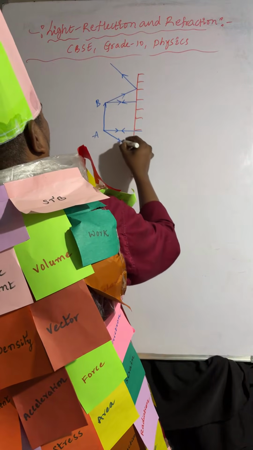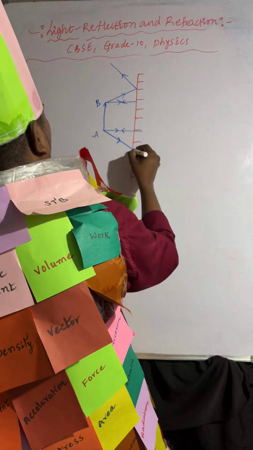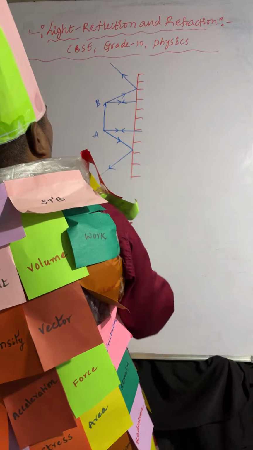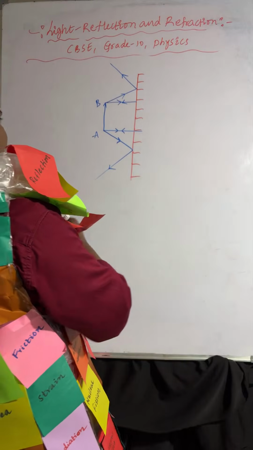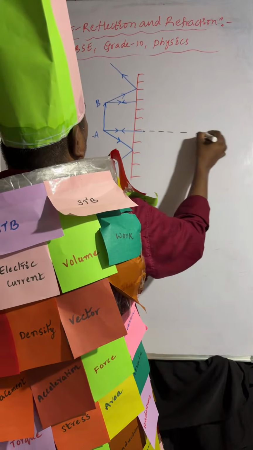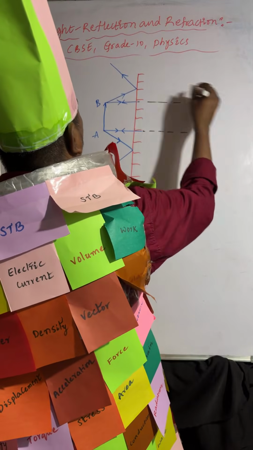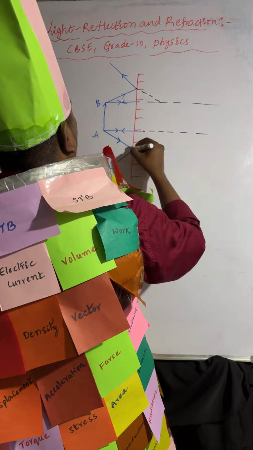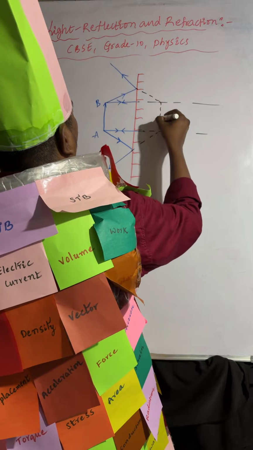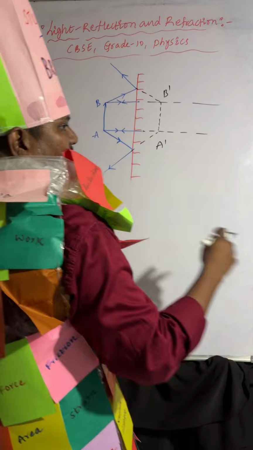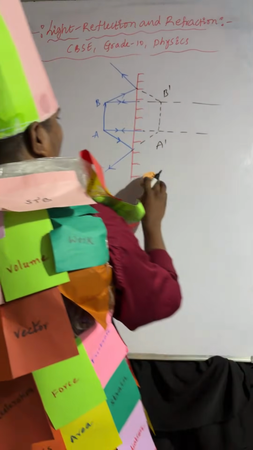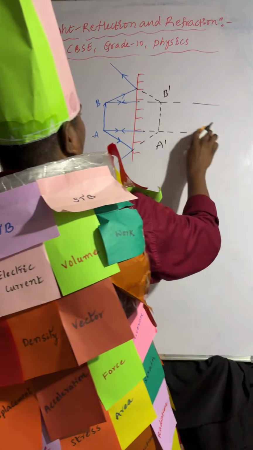So here this will be reflected. If you are extending the light rays here and here also, so this is A dash and B dash. I hope it is very clear. Yes or no?